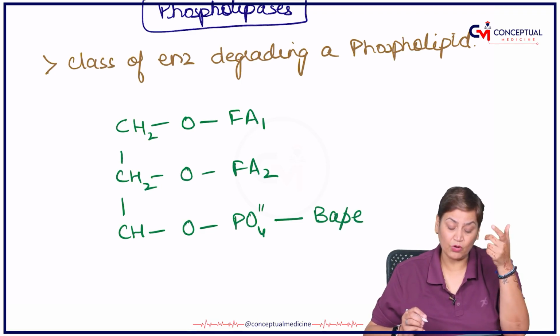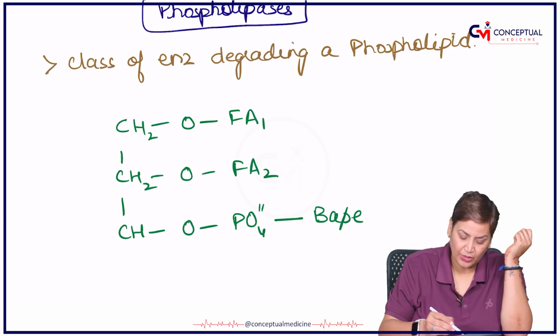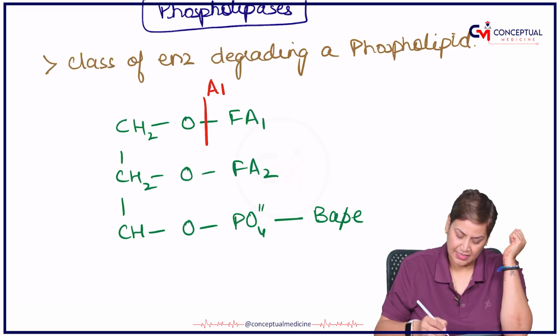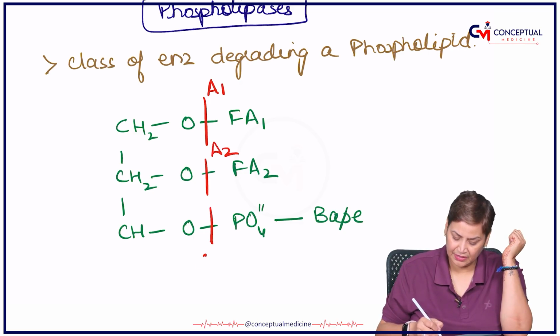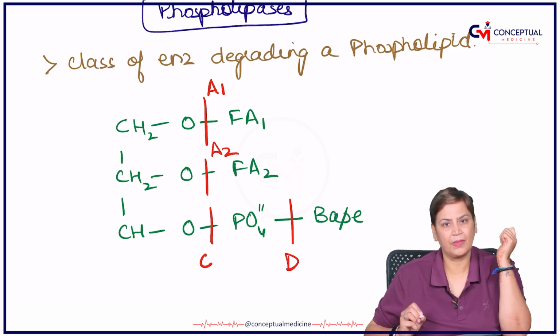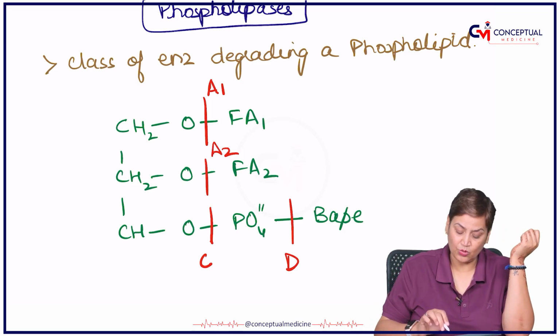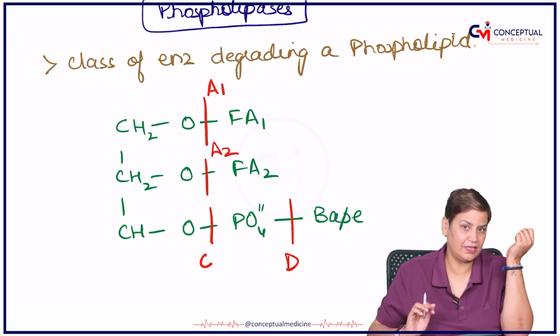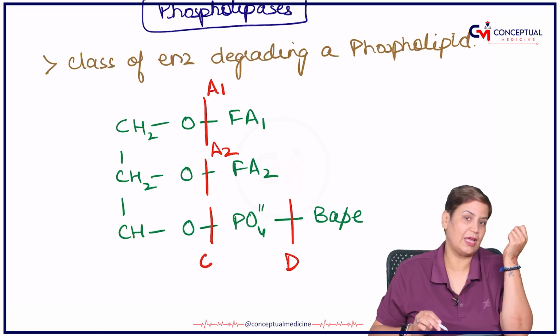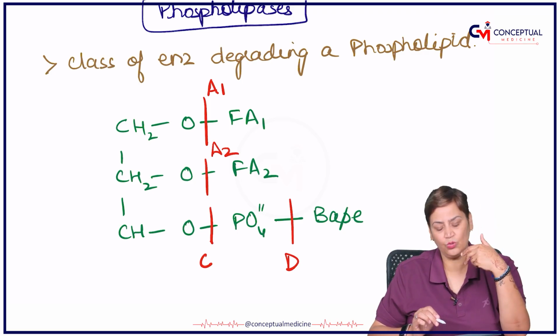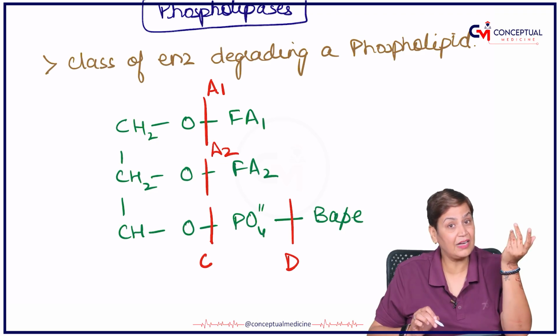So phospholipases are going to act here. This will be the first site, this will be the second site, this will be the third site, and this will be the fourth site. Phospholipase A1 is going to release one fatty acid. Phospholipase A2 is going to release the other fatty acid.